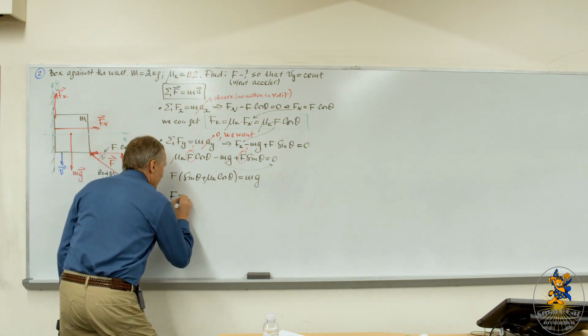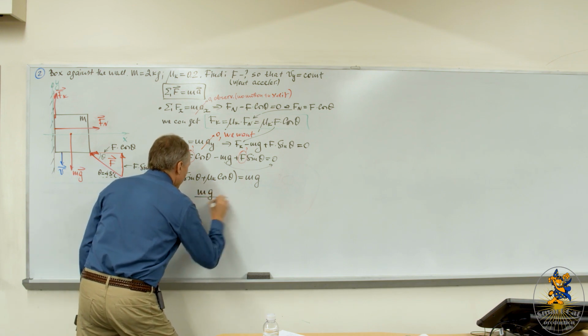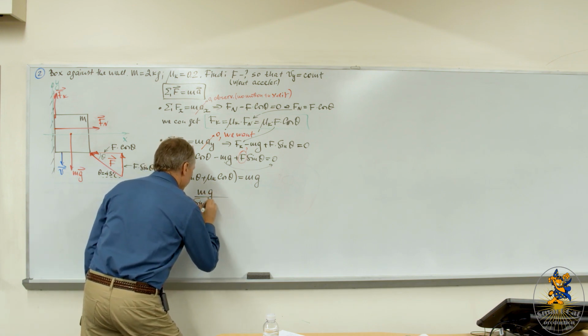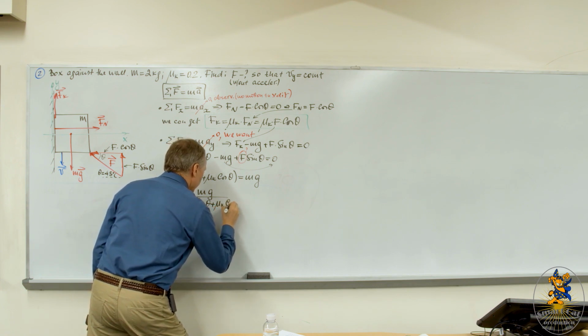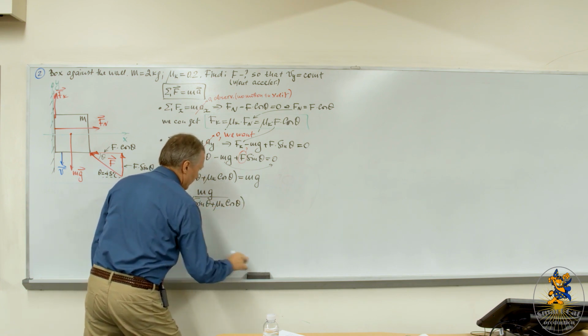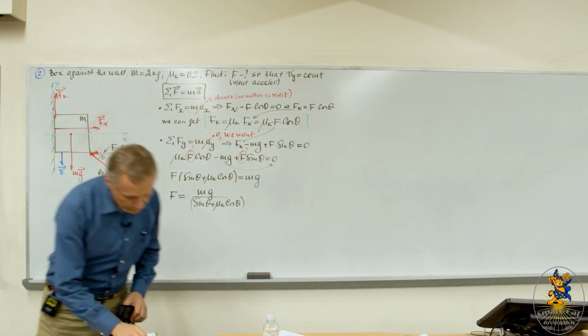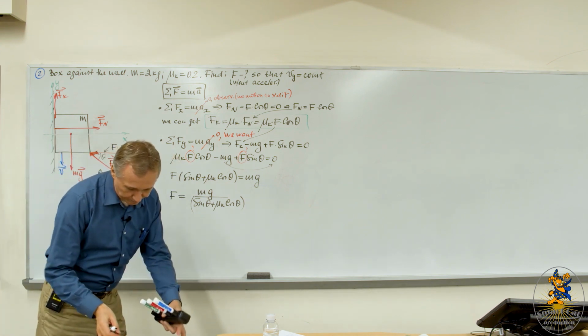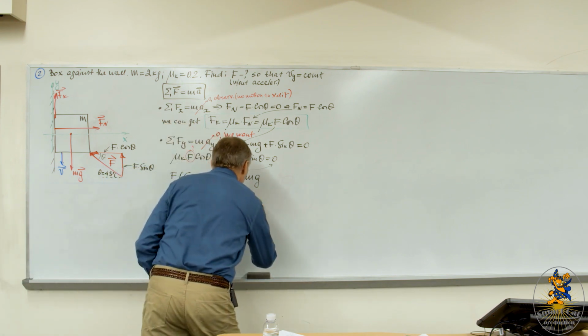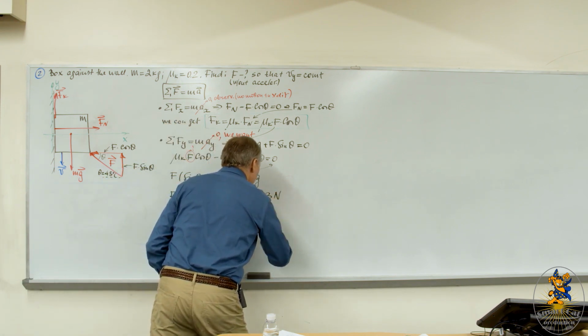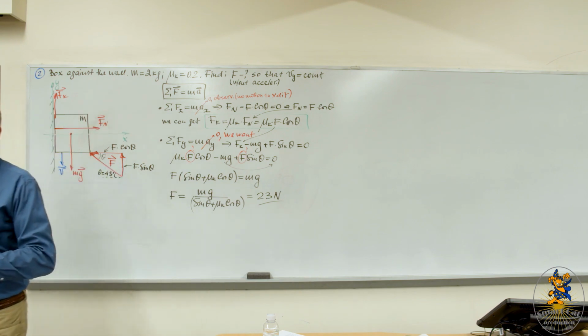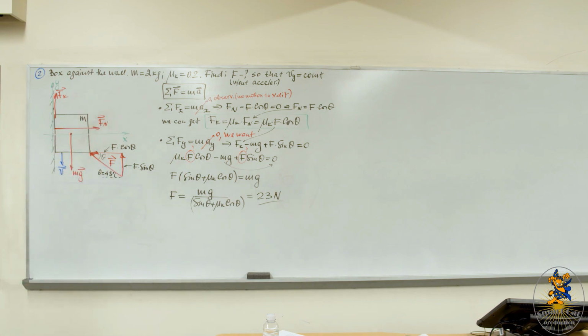F equals mg divided by this construction. So numbers are given. If you plug them in, you will get 23 newtons. Of course, don't forget about units. And not just at the very end. If you found some preliminary values, write down the unit.